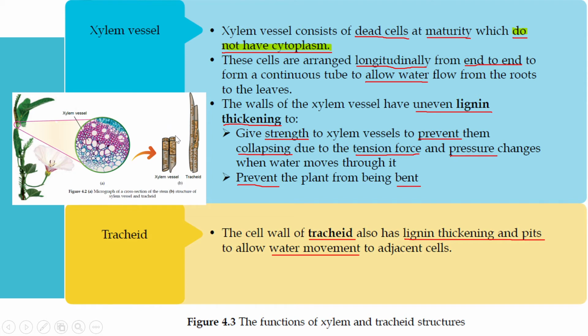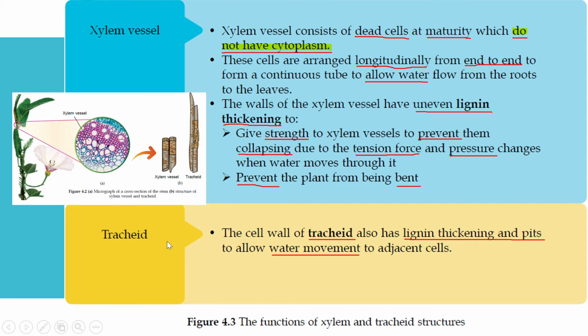This tube must be tough. It must not be fragile and easily collapse. Then how is this xylem vessel able to sustain it? It is because it has this uneven lignin thickening. This is the secret of it being so strong, and therefore it is able to prevent the plant from bending, because of this tough structure.